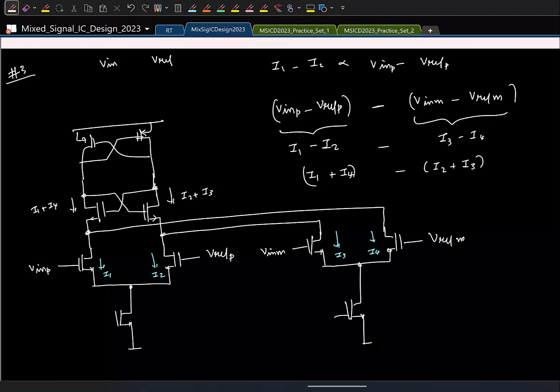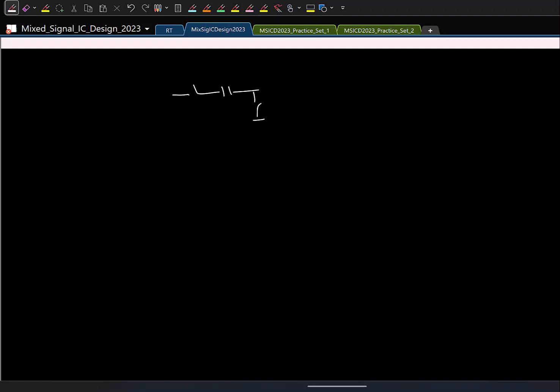Again, one straight thing you can see is in all the previous implementations, we have a switch and a capacitor like this, right? And remember that in the flash ADC we are going to have a global sample and hold, and then you have, let us say, a buffer like this, and this buffer is going to connect to all of these, right?